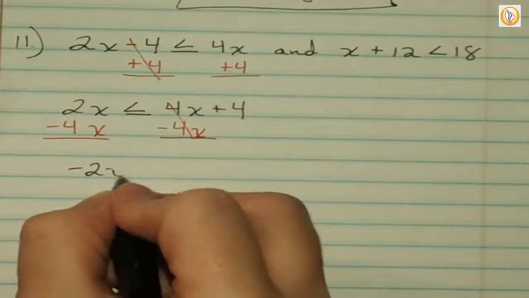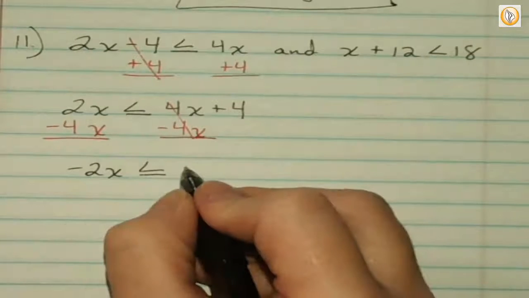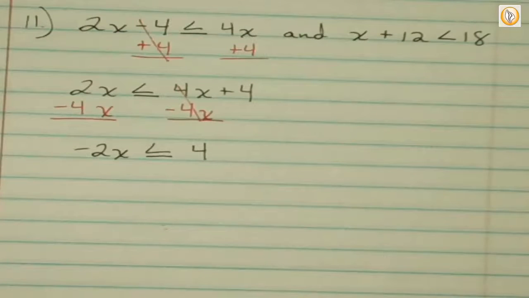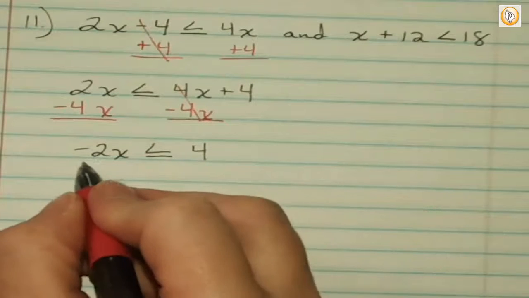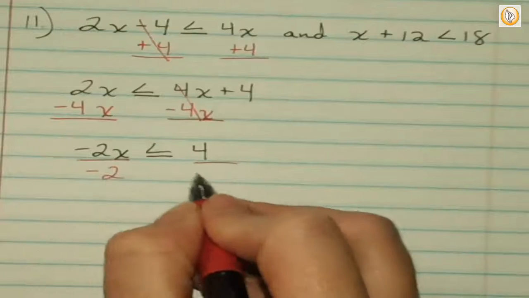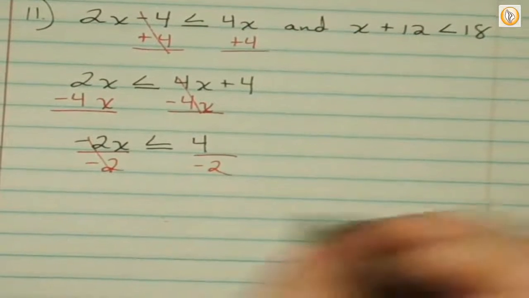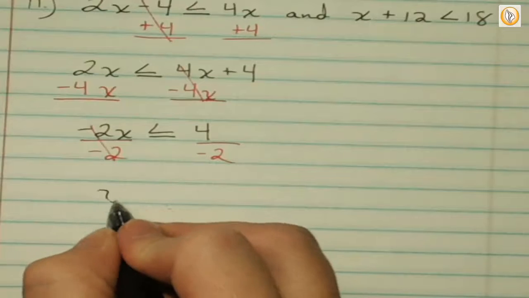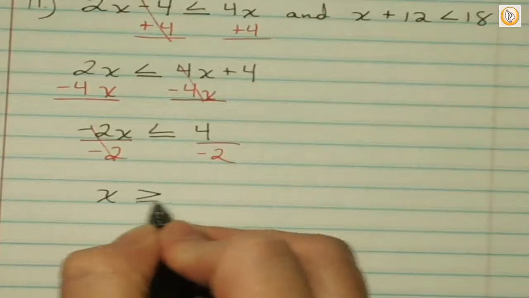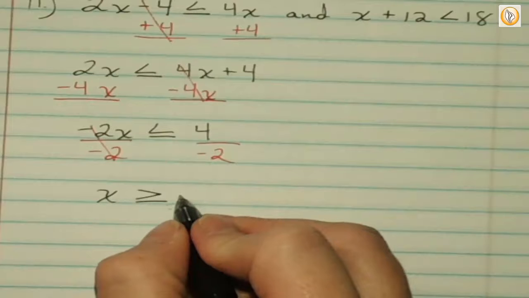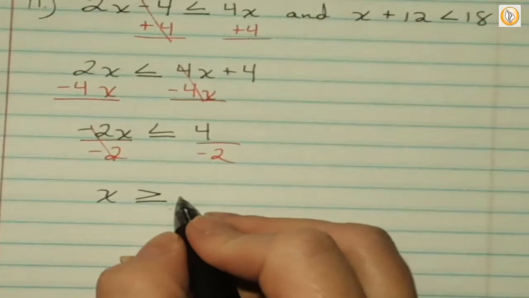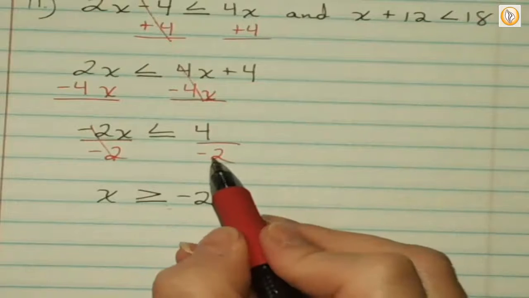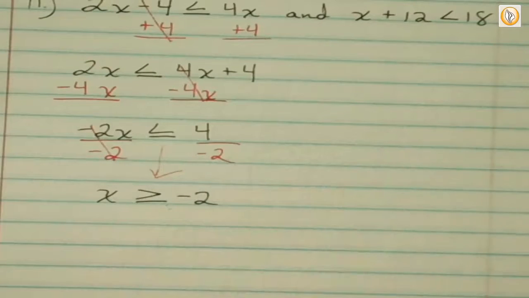You get negative 2x is less than or equal to 4. Now what do you do? You divide on both sides by negative 2. And what do you get? X is greater than or equal to negative 2. Notice, because we're dividing by a negative, he flipped the sign. Good job.